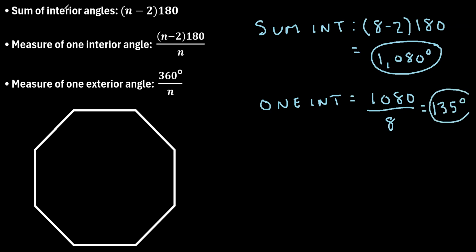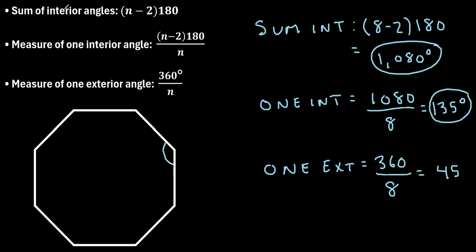That's the measure of just one of these interior angles. Now, what about the measure of one exterior angle? That's 360 divided by n. n is 8 in this case. There are 8 sides. So 360 divided by 8 turns out to be 45 degrees.